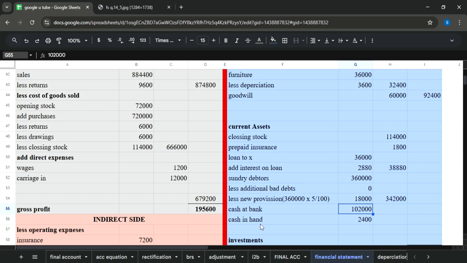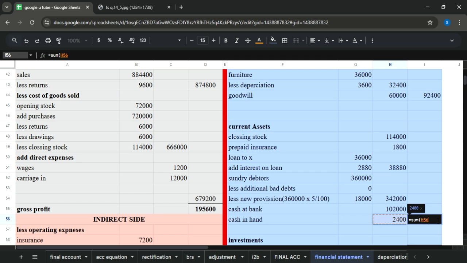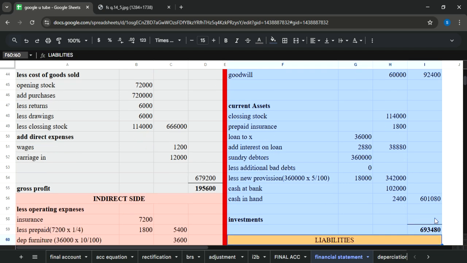We have two more elements, cash in hand and cash at bank. We will mention them in the second column so that we can take the sum easily. In this way, current assets calculations are completed. We are now ready to take the sum of all current assets from 2400 to 114,000. Sum of current assets calculated.